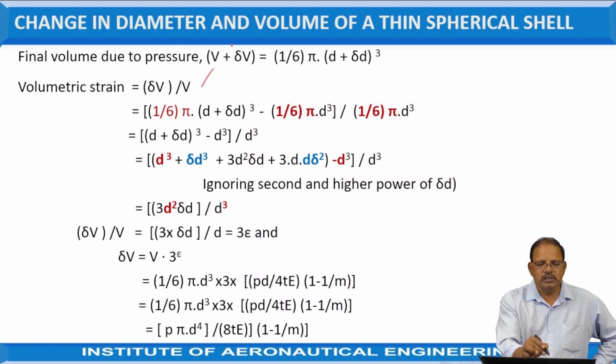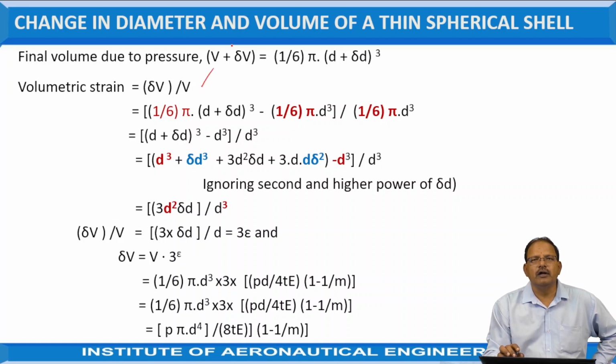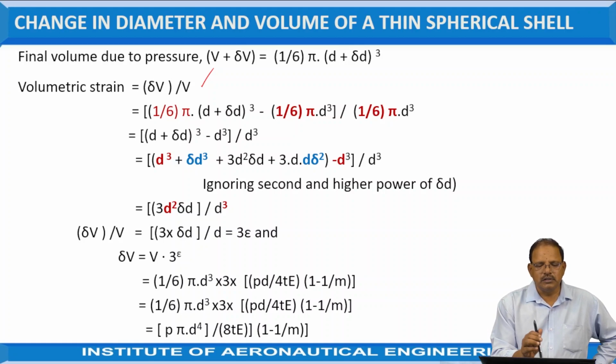So volumetric strain is defined as the change in volume to its original volume. The change in volume is 1 by 6 pi into D plus delta D whole cube, which is the final volume, minus the initial volume 1 by 6 pi D cube, divided by the original volume.